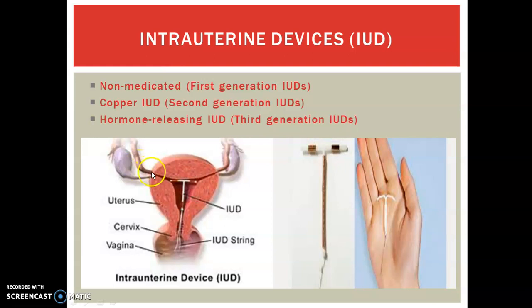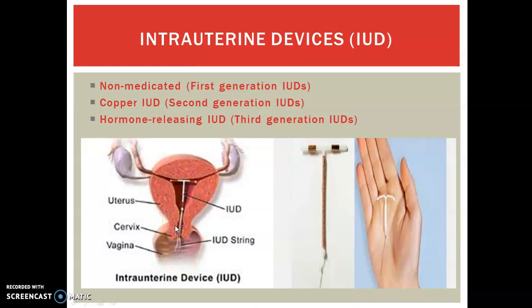This zygote develops into the embryo, and the embryo gets attached to the wall of the uterus, and development occurs. This is the normal case if fertilization occurs. The presence of intrauterine devices will prevent the attachment of the embryo to the wall of the uterus, and the embryo will be discarded outside. That is how pregnancy is prevented.